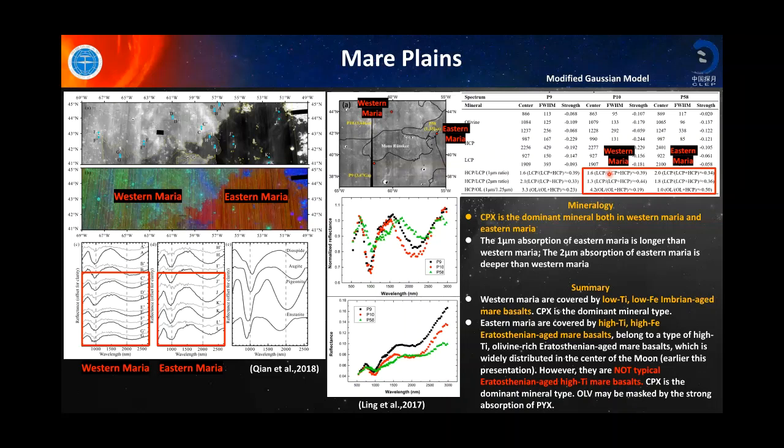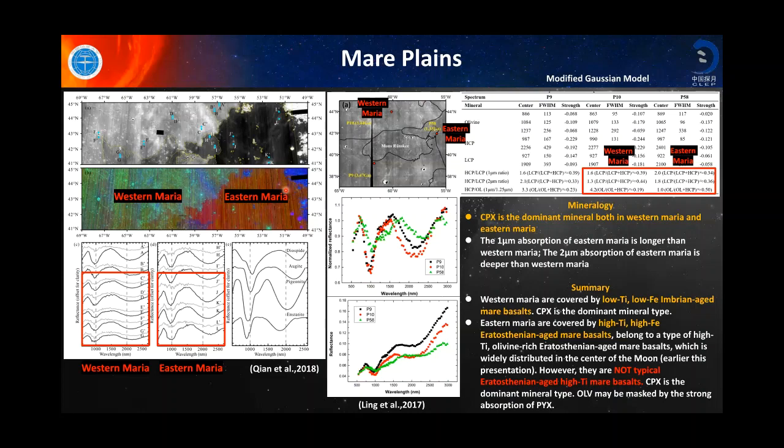So just to make a quick summary, there is a western area and eastern area in this region, and the western area is covered by low titanium, low iron, Imbrian age Mare Basalts. Clinopyroxene is a dominant mineral type, and the eastern area is covered by high titanium, high iron, Eratosthenian age Mare Basalts. I just talked about one of the young Mare Basalts on the moon, and we think that the eastern area maybe belongs to this high titanium Mare Basalts on the moon, but they are not typical, because for the Eratosthenian age Mare Basalts on the moon, they have very high olivine abundance, but for the young Mare Basalts in this region, their olivine abundance may not be that high.